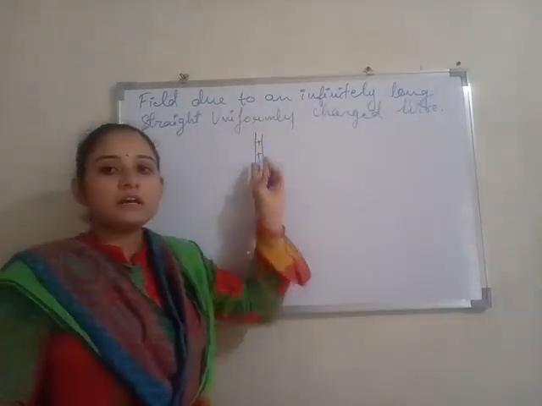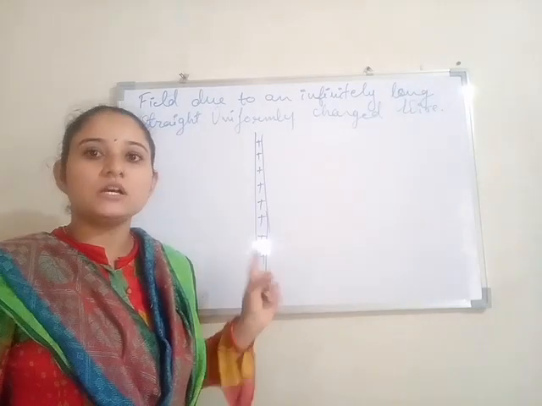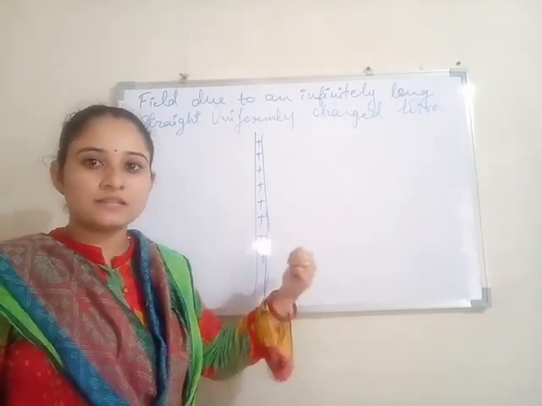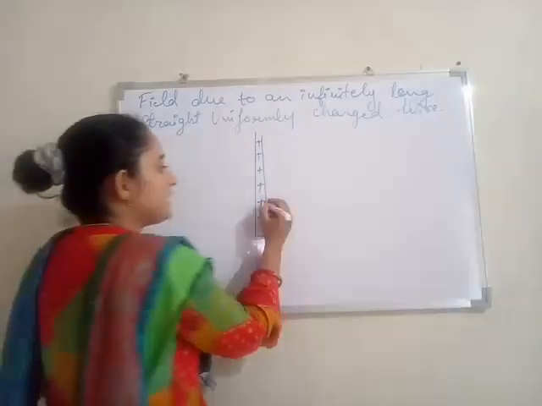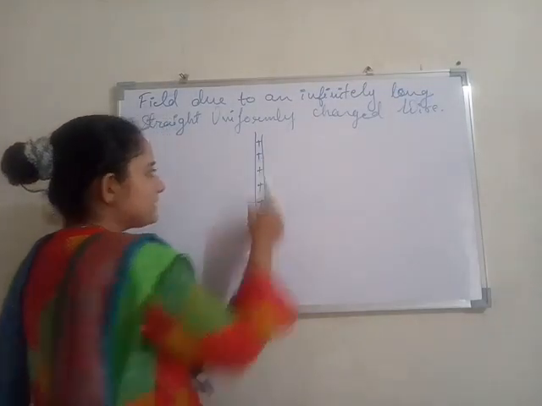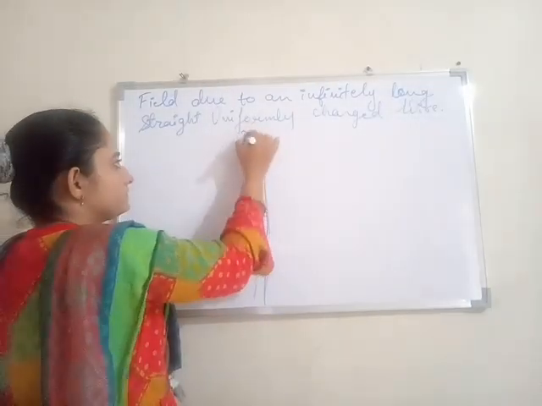So we take an infinitely long charged wire which is symmetrical along the axis, meaning along the x-axis and the y-axis. It has the charge density lambda.